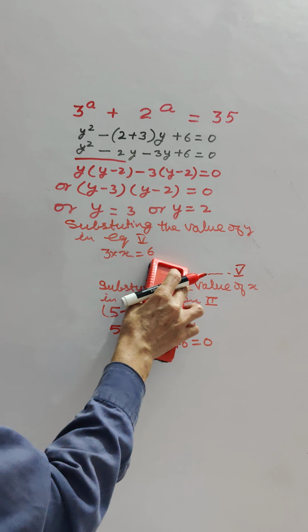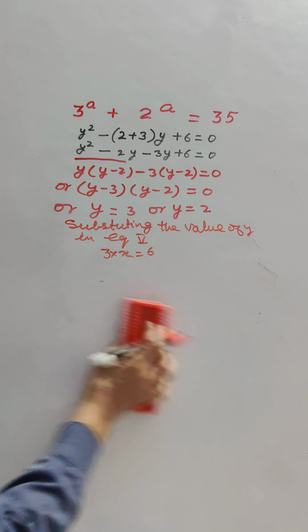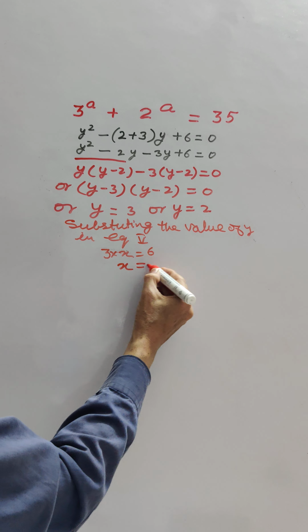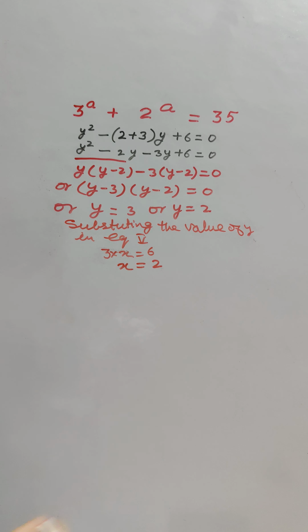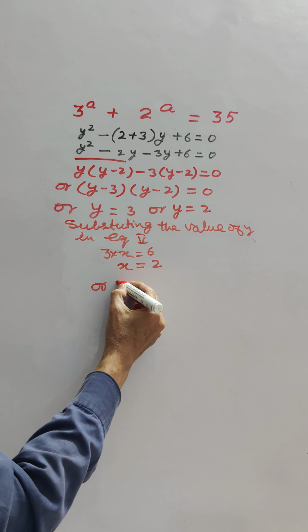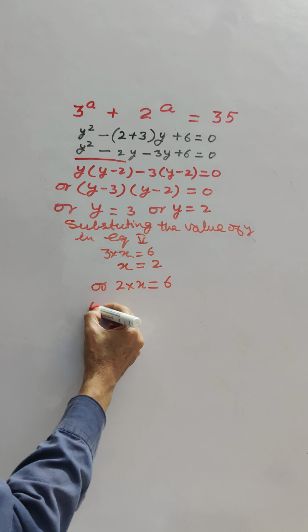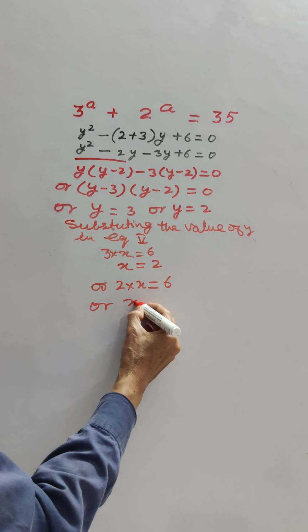So x is equal to 2 this way. And when we take the other, 2 into x is equal to 6, or x is equal to 3.